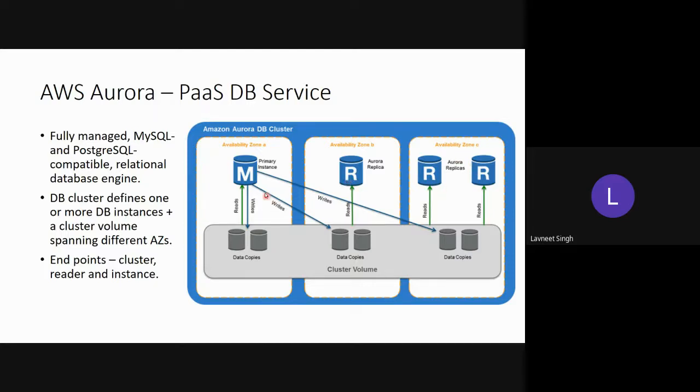From primary instance, both read and write. From replicas, only read operations, as you can see. And the primary instance writes to the volume, which is shared or cluster volume between different replicas.